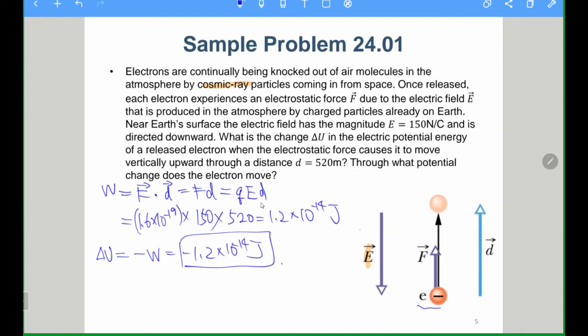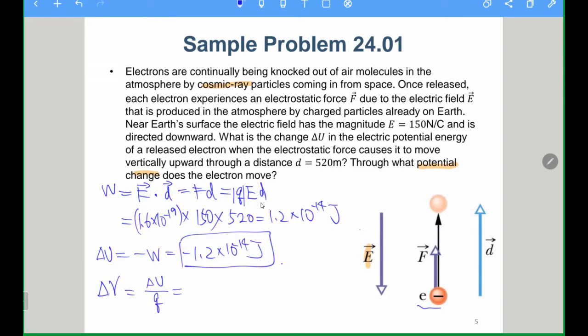Okay, so next we can also calculate the potential change, because it asks you the potential change. The potential change is nothing but delta U over Q. Maybe you can put an absolute value here, which would be better.